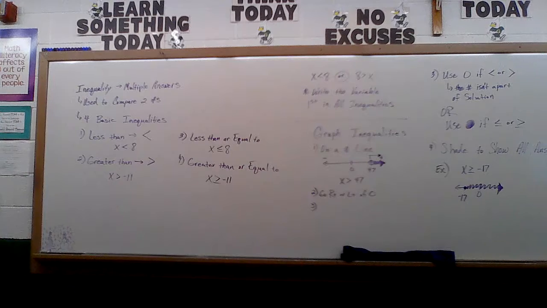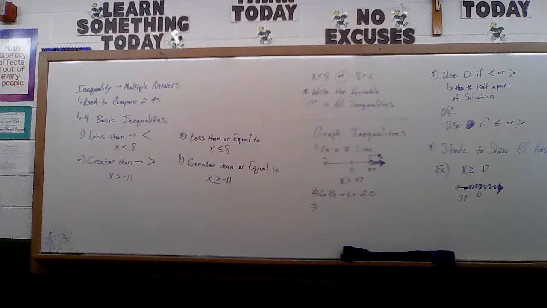Turn the page to 343. So, some of the other ones that you might have to go through is 17 through 22. In number 17, they want you to look at the problem 18 minus x is greater than 4. But then they want to know, is this true or false if I put x is equal to 12 into the problem? So if I put 12 in for x and do it, is my answer greater than 4?